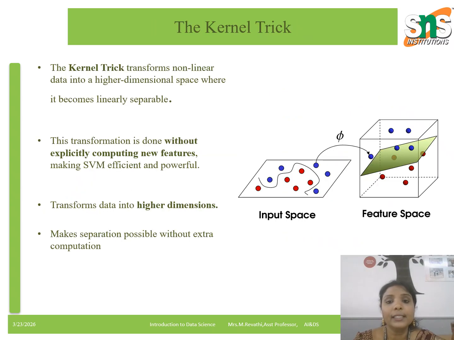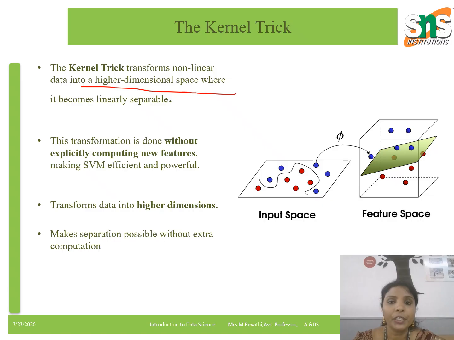Next, we see the kernel trick. This is a very important concept in SVM. The kernel trick helps us convert non-linear data into a higher dimension space where it becomes easy to separate. The best part is we do this without actually calculating the new features. So it saves computation time and makes SVM very efficient.